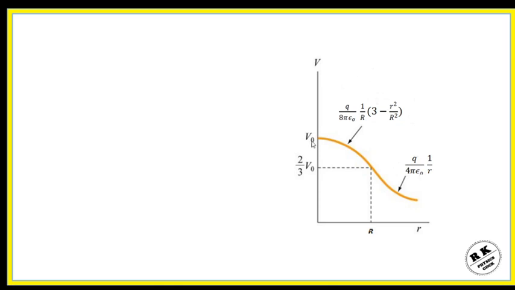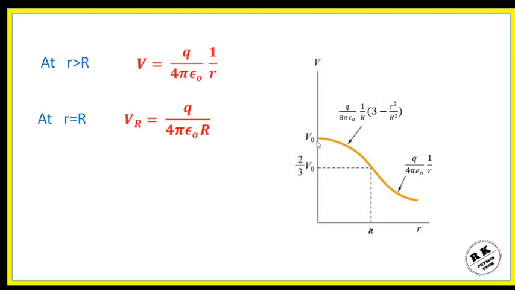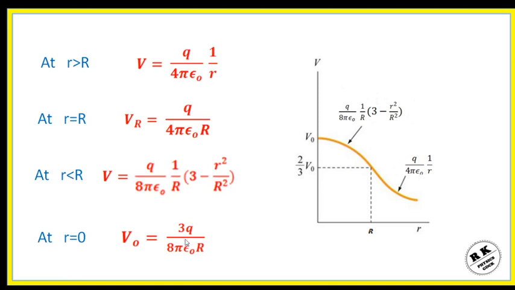As small r increases, the value of potential slowly decreases as shown in the curve. At the center, the value is this much, 3q by 8 pi epsilon naught R. At the center, this is the maximum value. So for uniform spherical charge distribution, the maximum value of potential will be present at the center of the distribution.